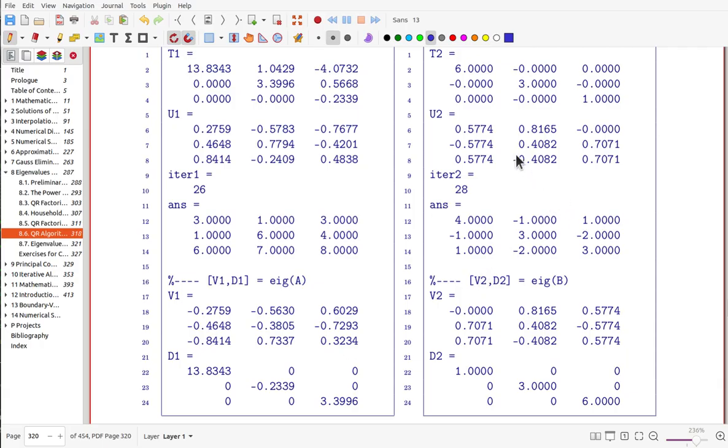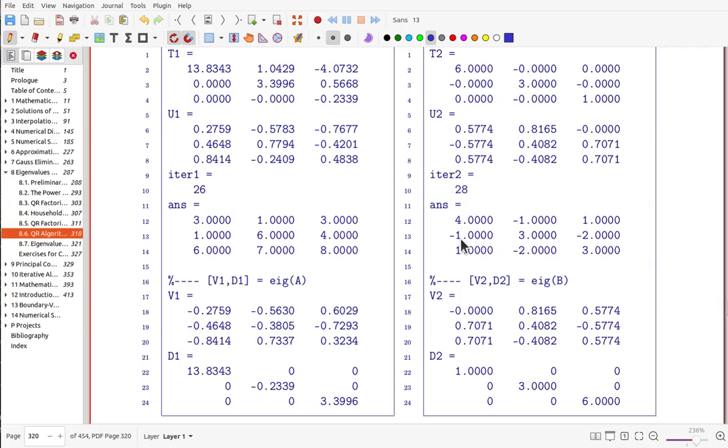How about the symmetric case? For the symmetric case, T must be symmetric, so it must be diagonal. So we have 6, 3, 1, and then the U vectors, and the claim says that these must be eigenvectors. And the number of iterations is 28, again slow.